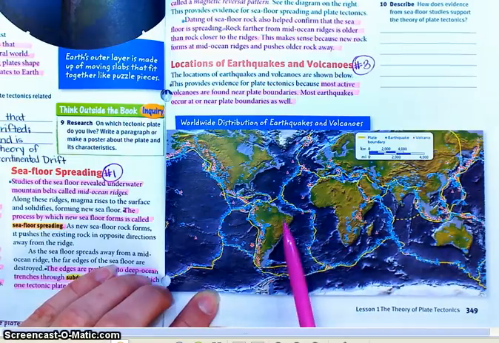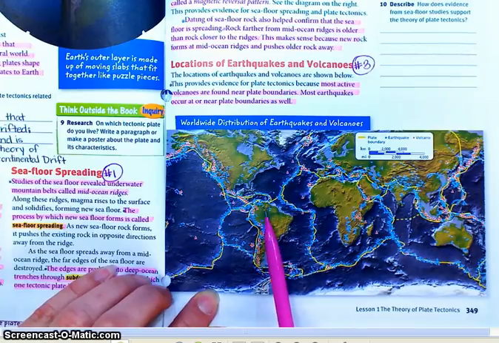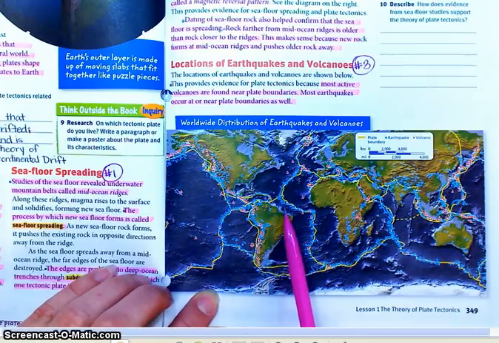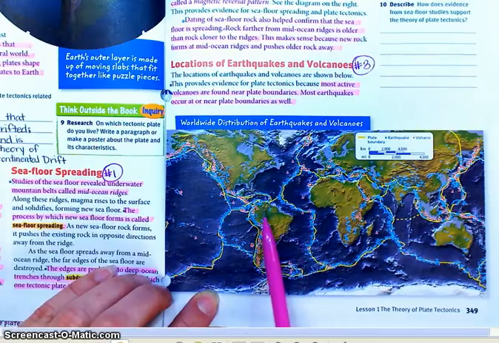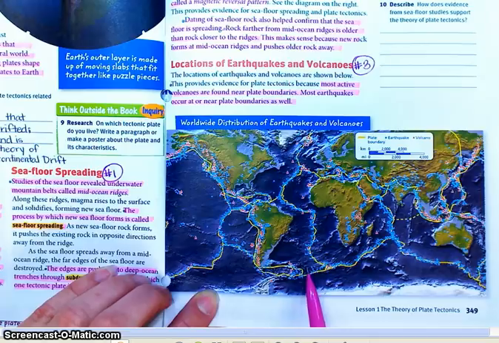So, for instance, this plate right here is the South American plate. It has the land mass, the continent of South America, but it also includes some of the ocean floor underneath the Atlantic Ocean. So this plate has both continental lithosphere and oceanic lithosphere.